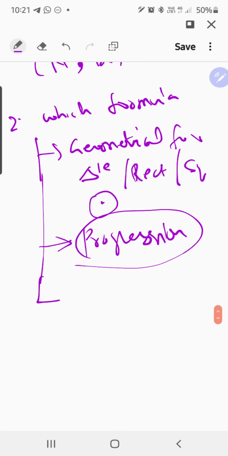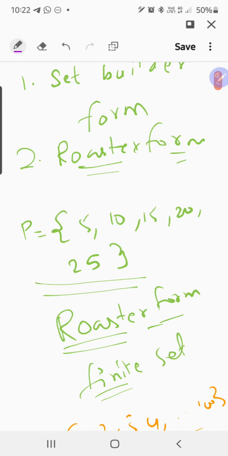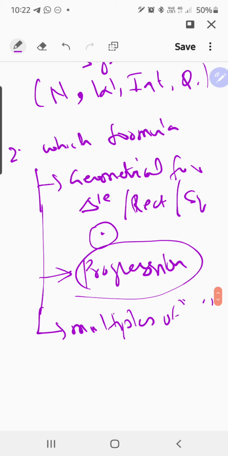At the same time, you have multiples of 5, multiples of some number. For example, just now we have said this is the multiple of 5: 10, 15, 20, 25. This is the multiple of any number.